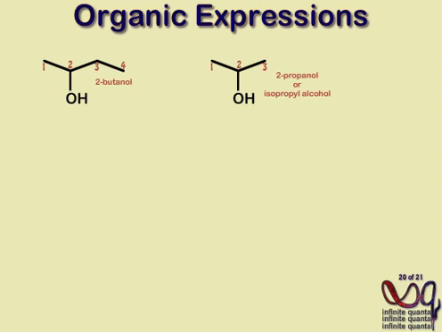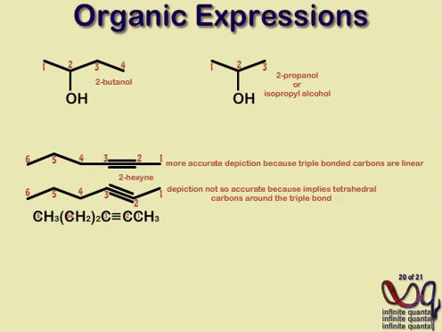Oh, one thing about this, see how I drew this? Remember I told you if it's triple bonded carbon, it's linear? That's not quite right, because I drew that sort of like it's tetrahedral, didn't I? Even in stick form. So that would be better drawn like this.